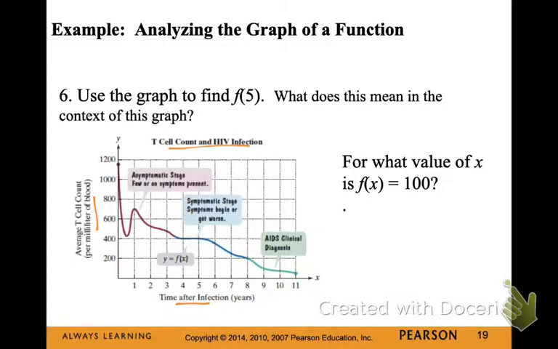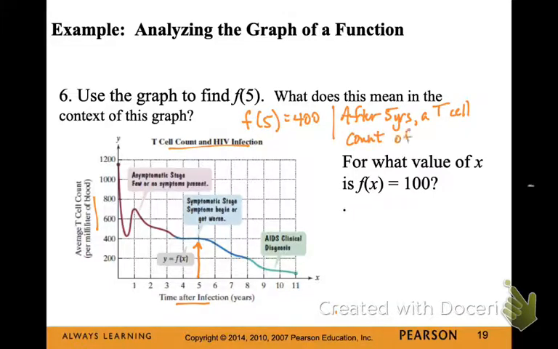That means we're going to look along the x-axis for 5, and then I move my eyes until I see where it intersects the graph. Then I look over and see that my y value is 400. What does this mean in terms of the graph? After 5 years of infection, there's a T cell count of 400 cells per milliliter.